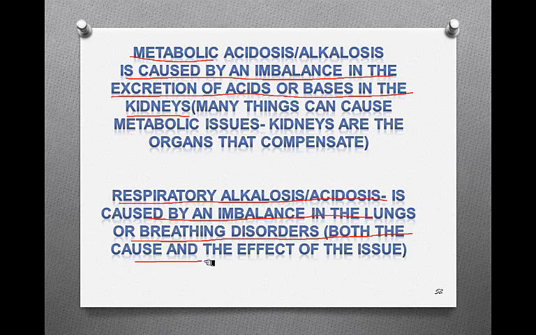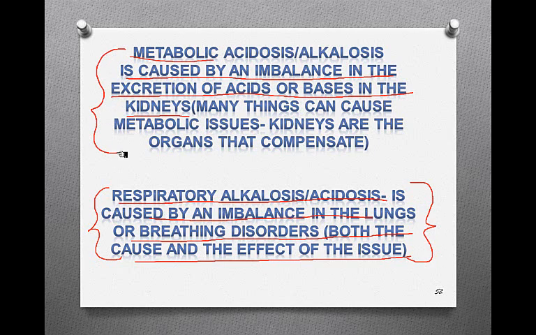So with respiratory alkalosis and acidosis, respiratory is both the cause and the fix. Whereas in metabolic acidosis and alkalosis, many things can cause it, but the kidneys are the organ that's compensating.